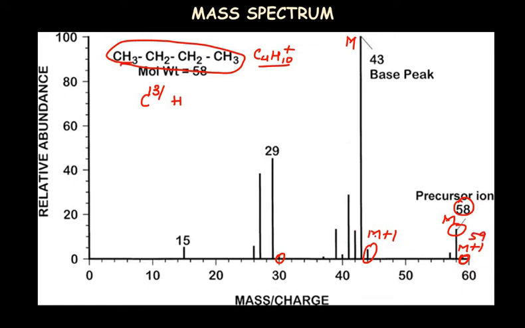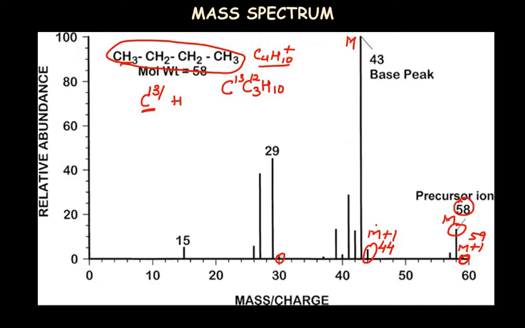Here also it's the same. Here we are getting another peak at the mass to the charge ratio 44. Now, as we have seen, it's due to the presence of one of the carbon as C13. So if there is C4H10 butane ion, then there might be C3H10 where this C3 may be C12 carbon, and there is one more carbon atom with the mass of C13, and that is how the peak at 59 is produced.